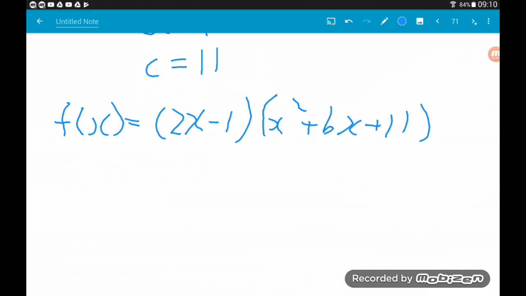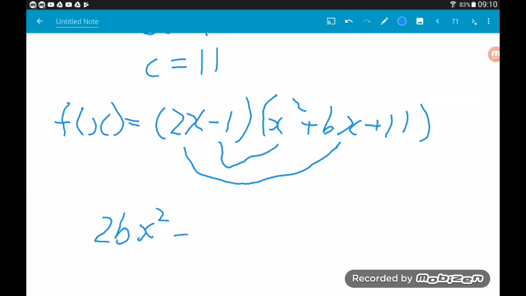So, I would get 2x times bx, which is going to give me 2bx squared, and I'm also going to get a minus 1 times this x squared here. So we get 2bx squared minus 1x squared, which we can factorise to x squared times 2b minus 1. So there's our x squared term from the expansion.